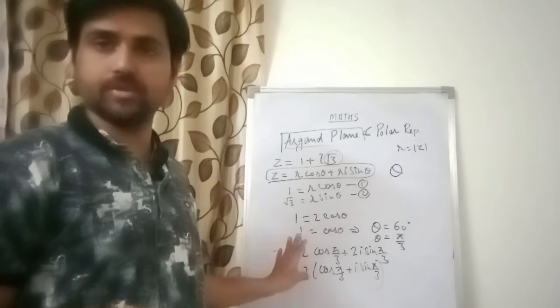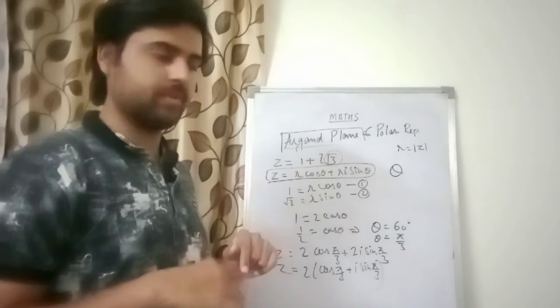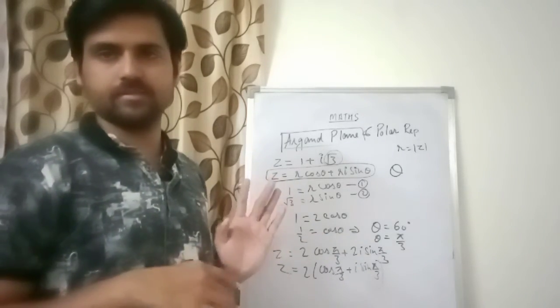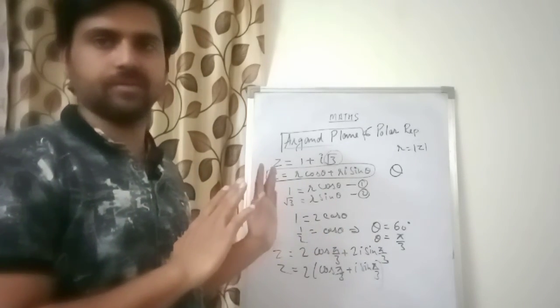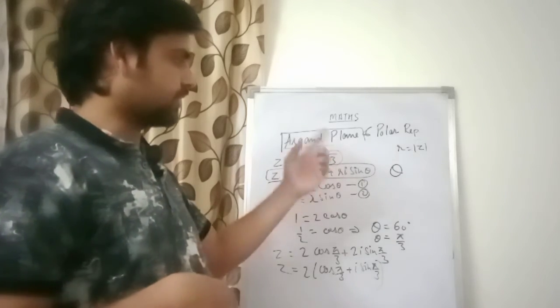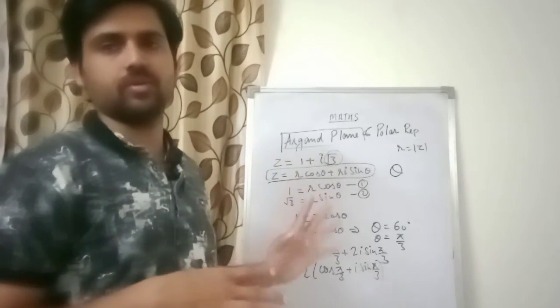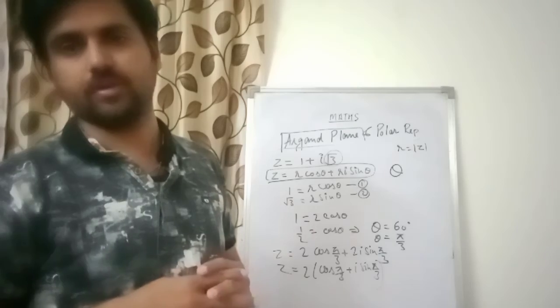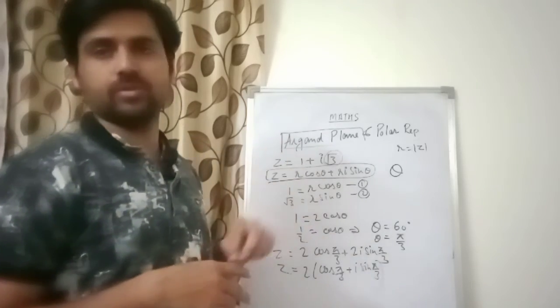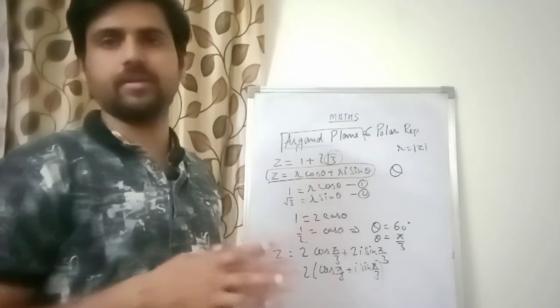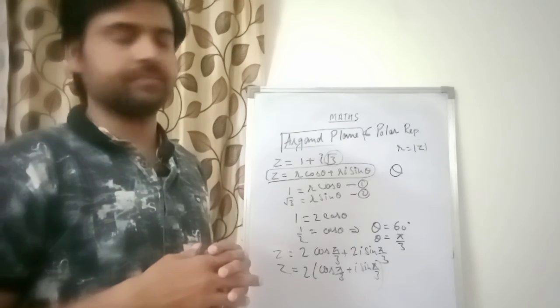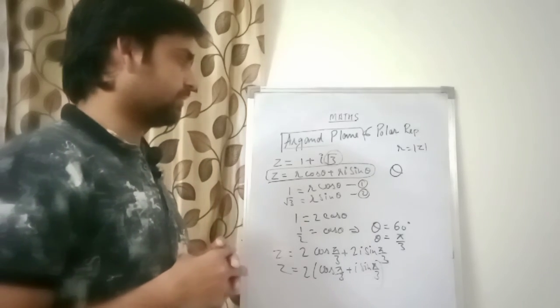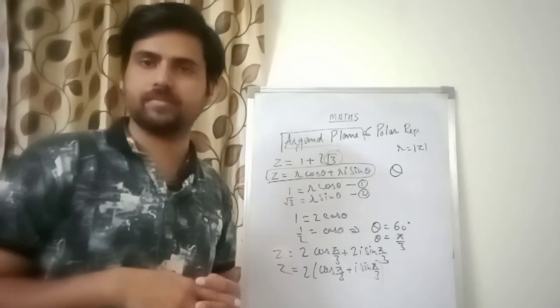Square both sides and add the two equations. From there you will get r, which here is 2, and then you put the value of r and correspondingly find the value of theta, and you have to put both values in this form. You get the polar form of the complex number.